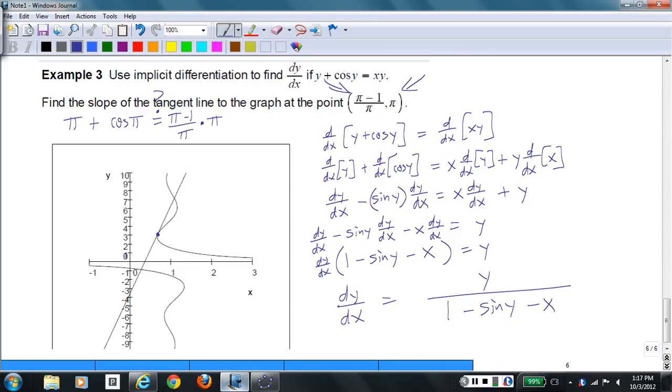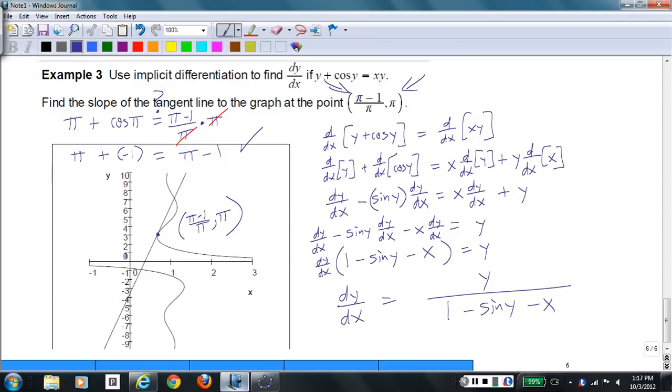What's cosine of pi? It's -1. So pi plus -1. I'm thinking so. This equals pi minus 1. So yes, all I'm doing is confirming that sure enough, the point (pi minus 1 over pi, pi) is actually a point on the graph.